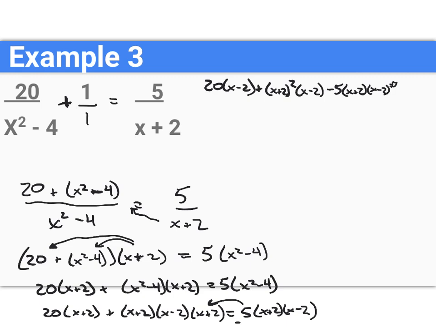We're going to pull out an x minus 2, since they all have an x minus 2. So x minus 2 comes out, leaving 20 plus x plus 2 squared minus 5 times x plus 2. All right, now we have to do a little bit more.